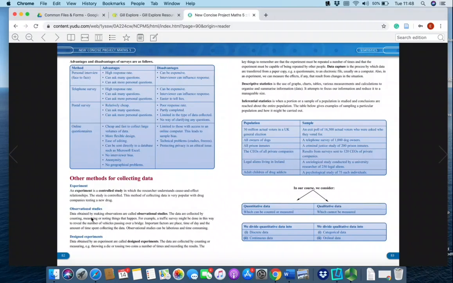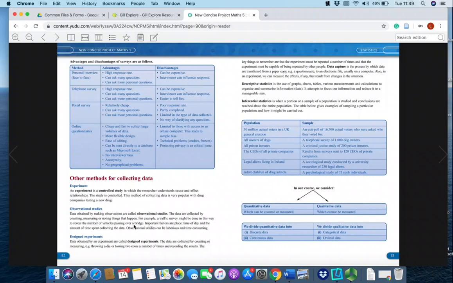Okay, observational studies then are when the data is collected by counting, measuring or noting things that happen. Traffic is a very common one for observational studies. You might be trying to figure out how many cars pass over a bridge at a particular time of the day. Well, then you just have a person stand at that bridge and count the cars.